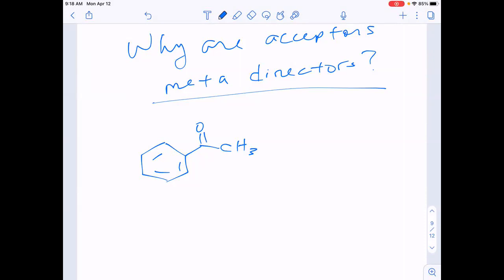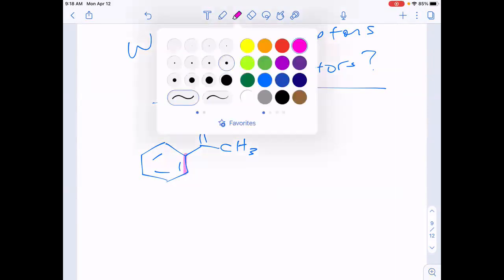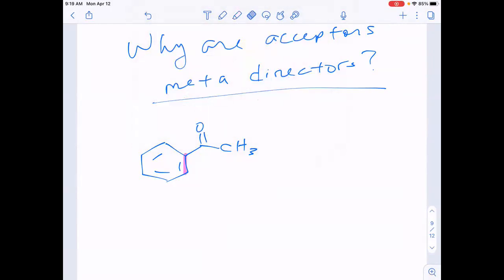Where would you start? All right, when you're looking to do resonance, you always look for the same pattern, donor and acceptor, adjacent to one another. All right, so you have that pattern here.